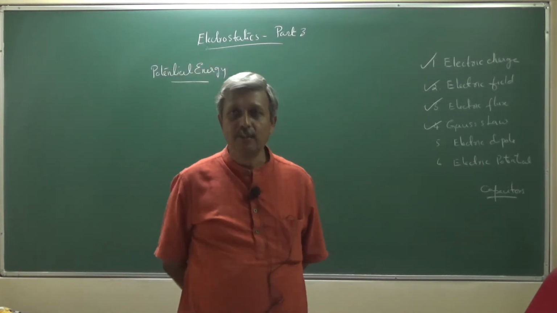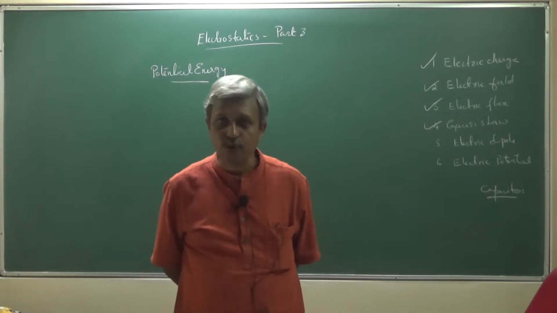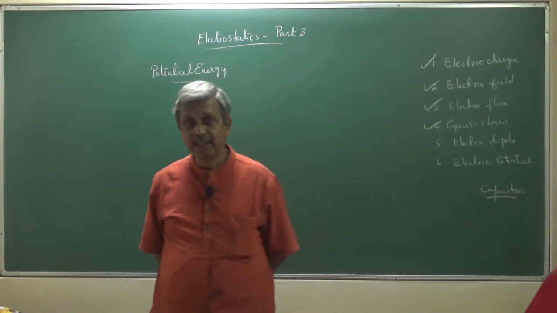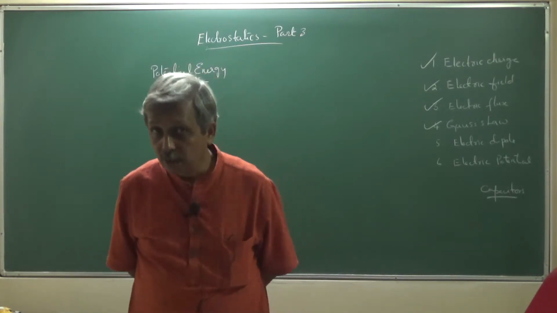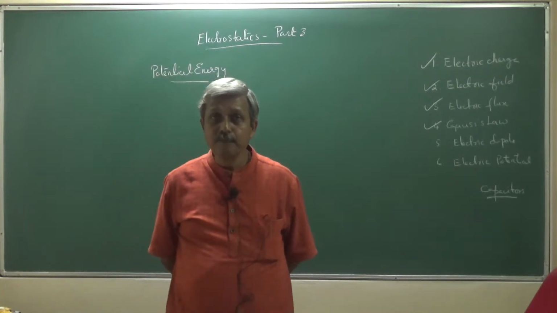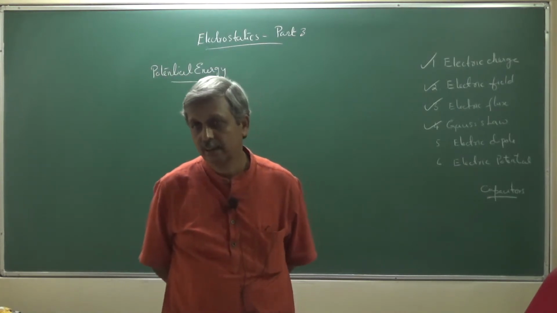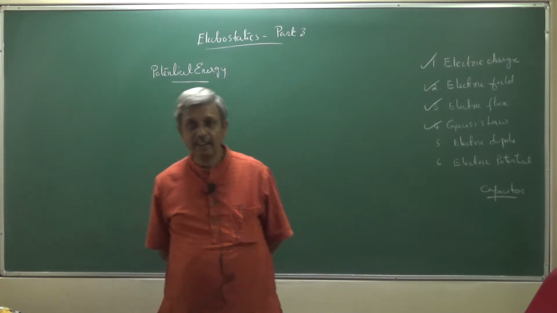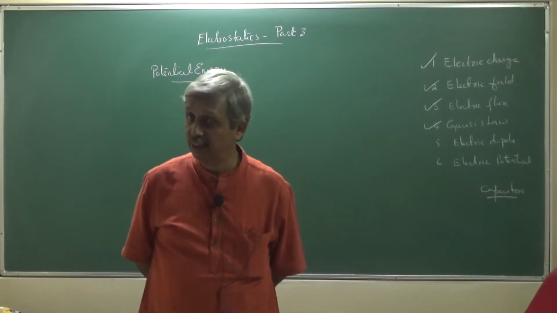Generally, one observation is that wherever there is some force, there is potential energy. But you also understand that in certain kinds of forces, there is no potential. For example, friction is a force. In the case of a frictional force, nobody talks about frictional potential energy.